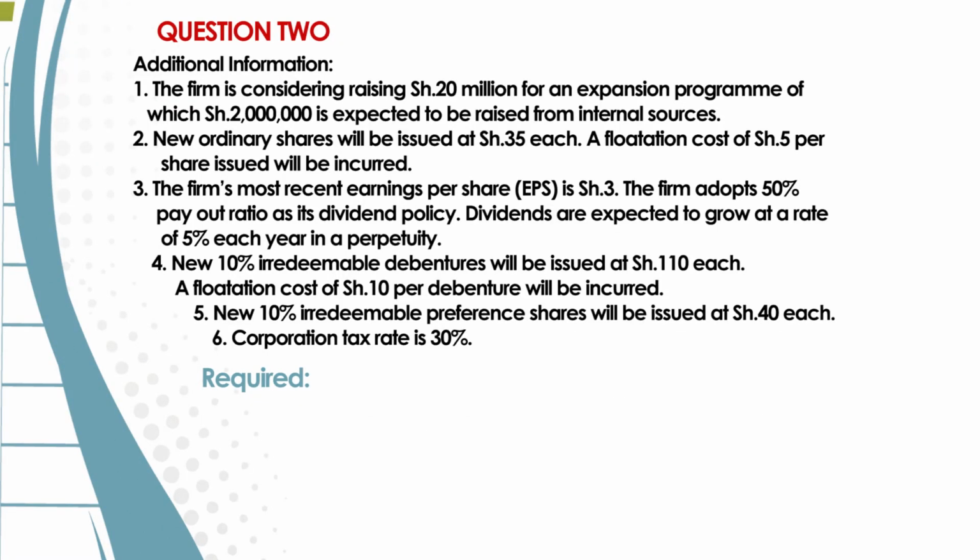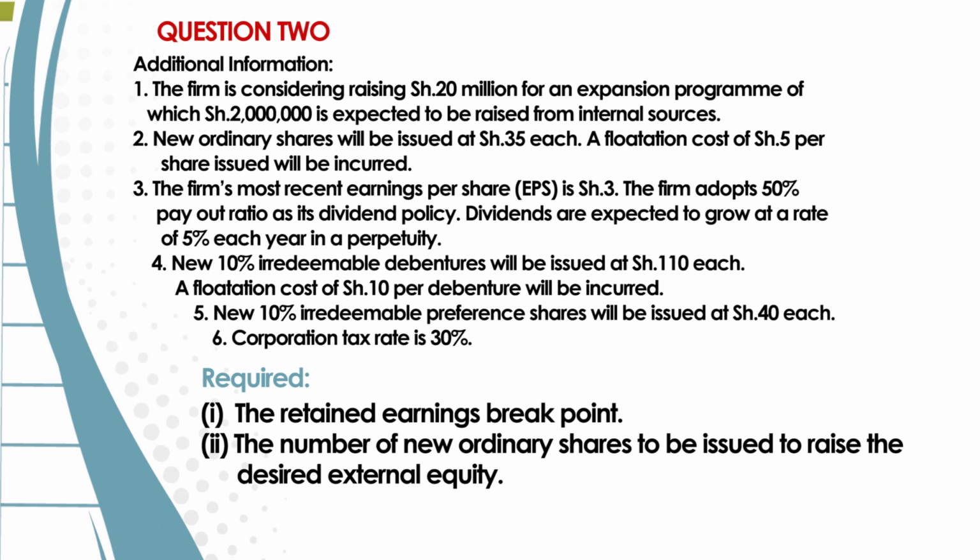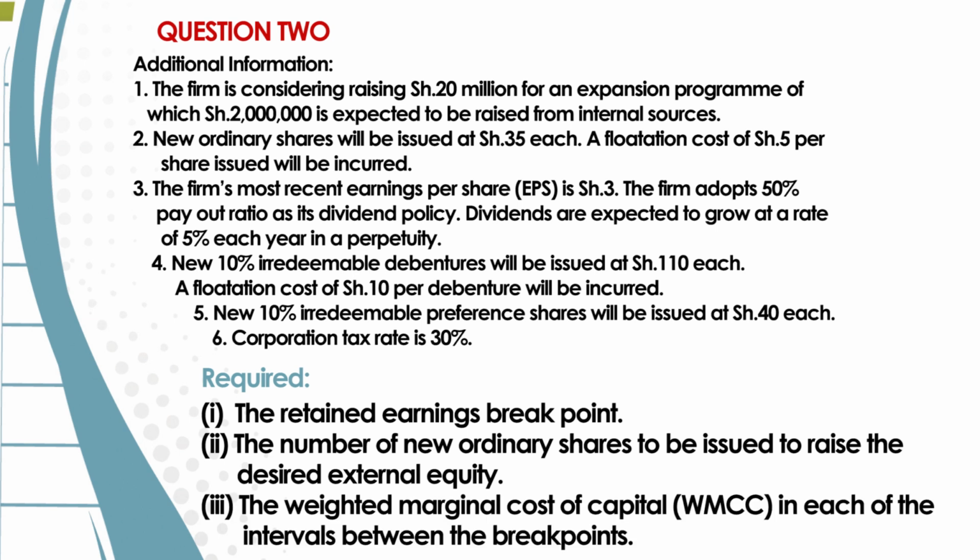Required: Roman 1, retained earnings breakpoint, 2 marks. Roman 2, the number of new ordinary shares to be issued to raise the desired external equity, 2 marks. Roman 3, the weighted marginal cost of capital in each of the intervals between the breakpoints.